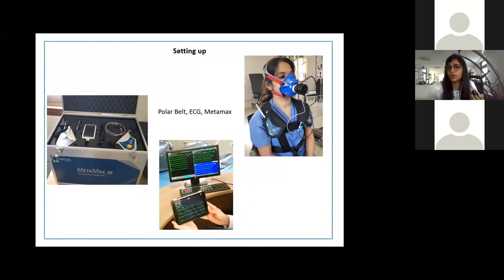It fits on this mask, like this, and the mask fits tightly on a person's face so that there is no air leak, as you can see in the diagram. The idea is to analyze the volume of air that has been inhaled and exhaled during the maximum test, and the concentration of oxygen and CO2 that has been utilized during the test.